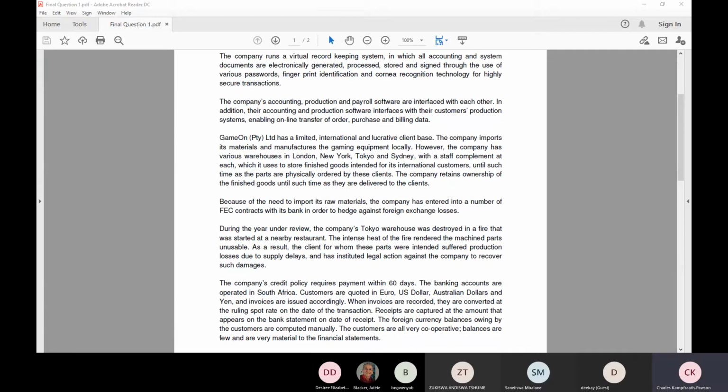So due to the revaluation requirements of foreign debtors, I think it's really significant, because we need to obtain external confirmation of these foreign currency balances that are outstanding at year end.